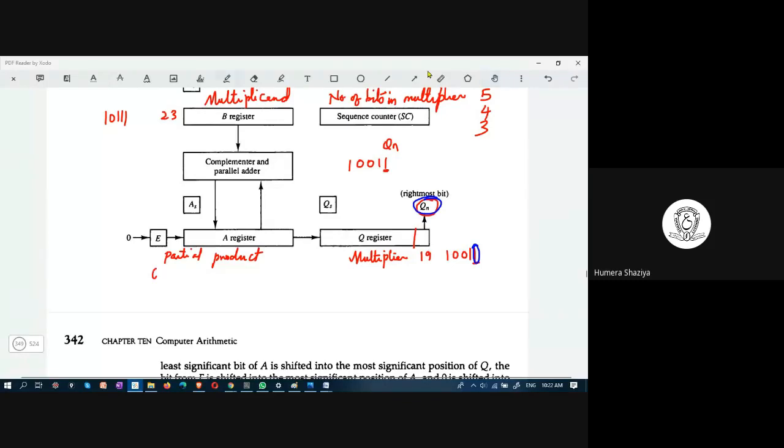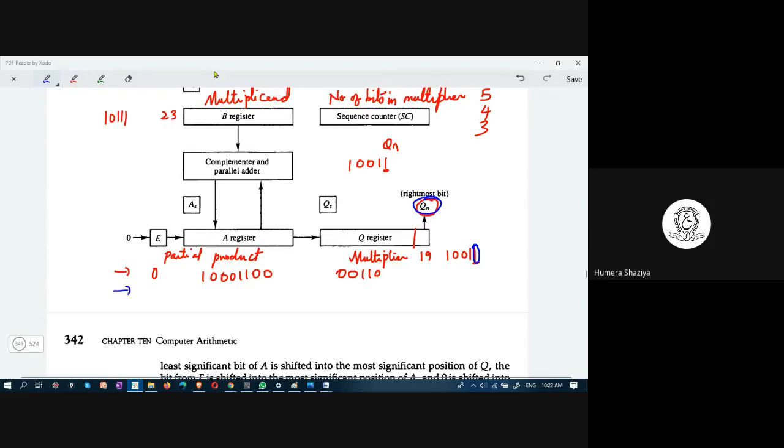Suppose E has 0, A has 1, 0, 0, 0, 1, 1, 1, 2, 3, 4, 5, 6, 7, 8. Consider this number, and Q has 0, 0, 1, 1, 0. This is the number before the shift.